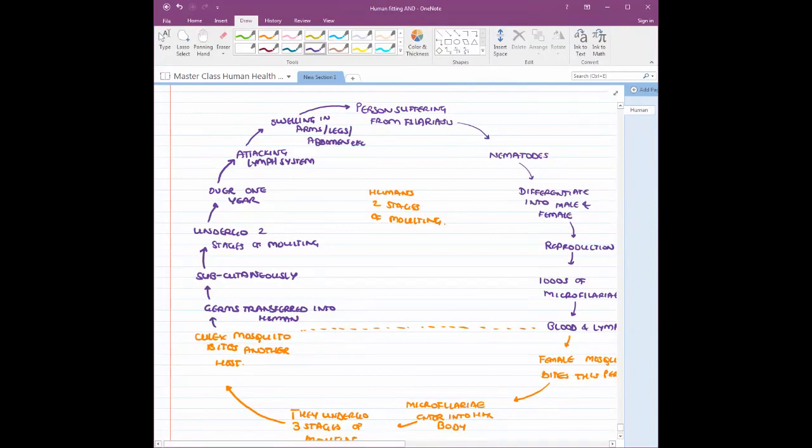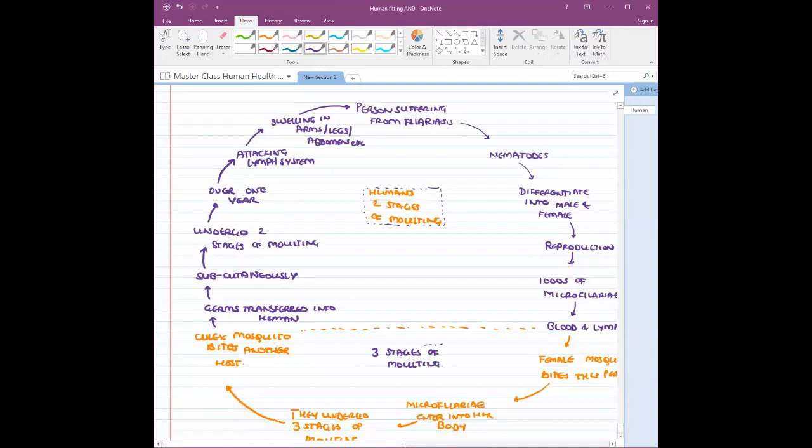So the human host shows two stages of molting, and the mosquito host shows three stages of molting. Just keep this in mind, guys.